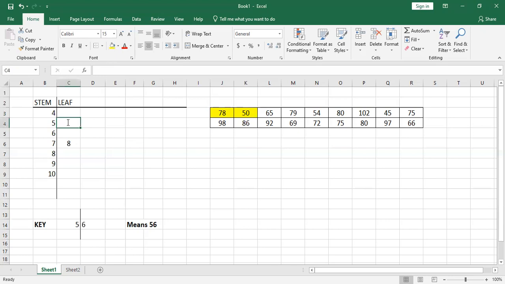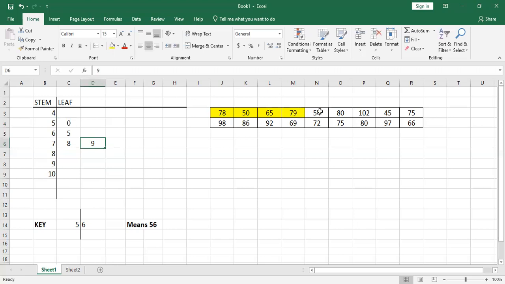So I'll just put 0 there, meaning 5 and 0 gives us 50. My third number is 65. I'll put the 5 here. My fourth number is 79. I'll put a 9 here. So that 7 there and a 9 here indicates 79.